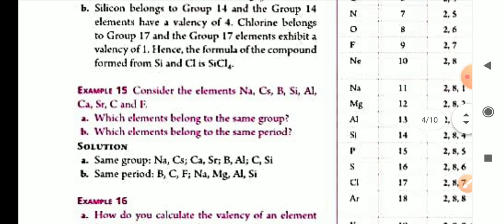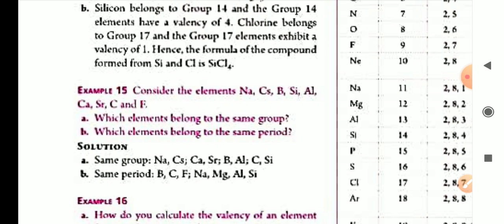Consider the elements sodium, cesium, boron, silicon, aluminium, calcium, strontium, carbon, and fluorine. Which elements belong to the same group? Sodium has 1 electron in the outermost shell, cesium we know also has 1, calcium doesn't. So sodium and cesium are in the same group. Boron has atomic number 5, so 2,3. Aluminium and boron belong to the same group.